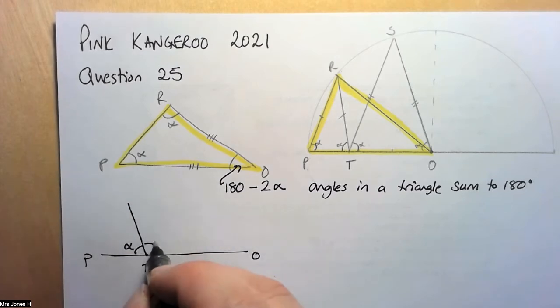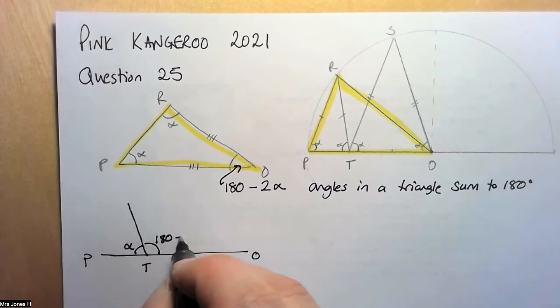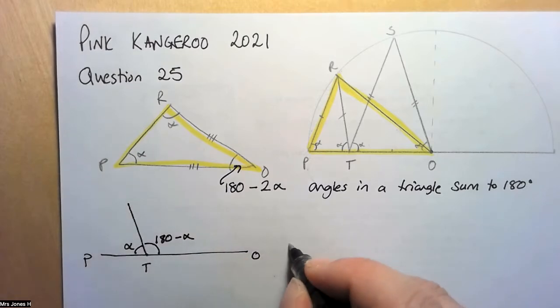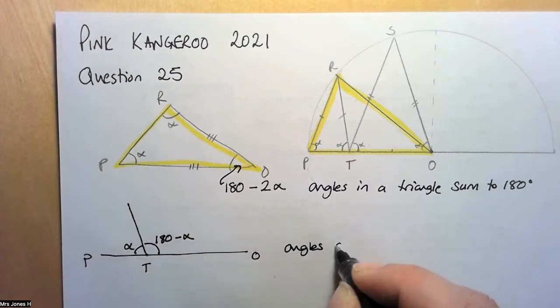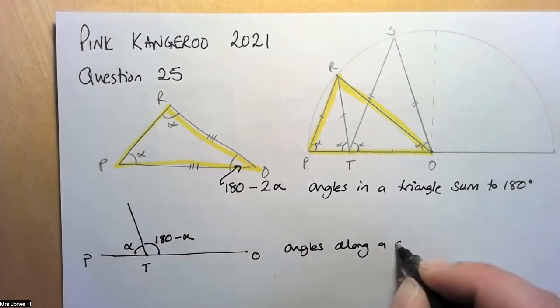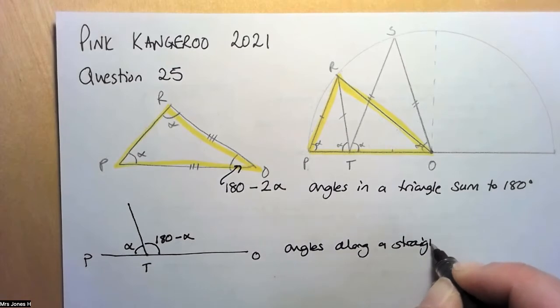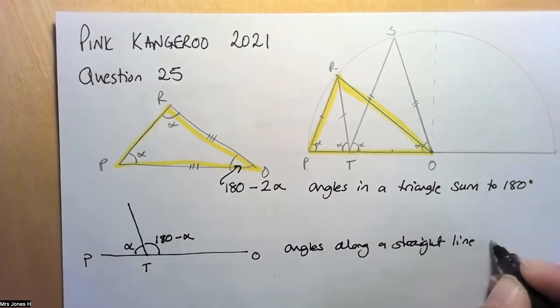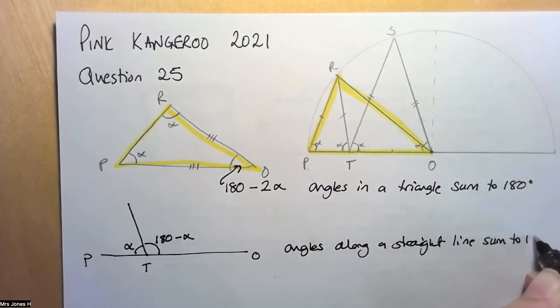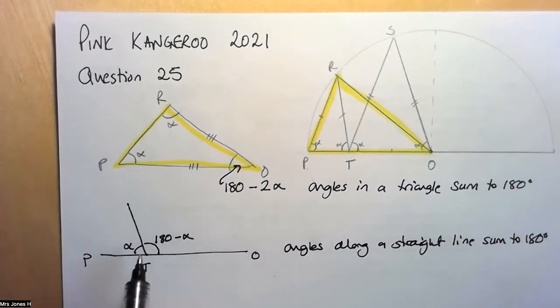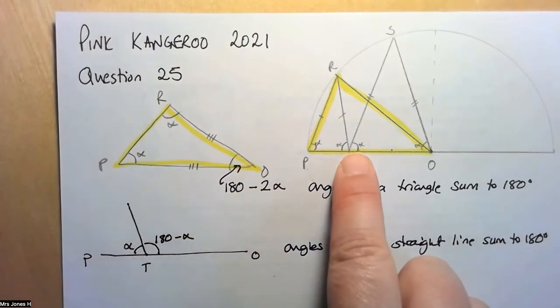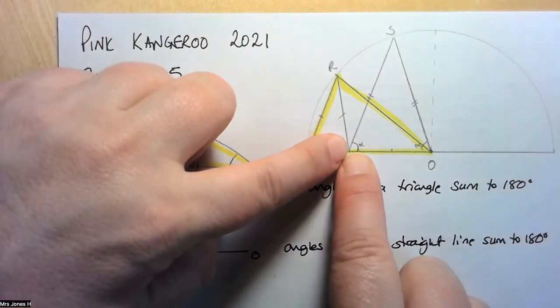So therefore the angle here is going to be 180 subtract theta, because angles on a straight line sum to 180. So we know what this angle is in here.